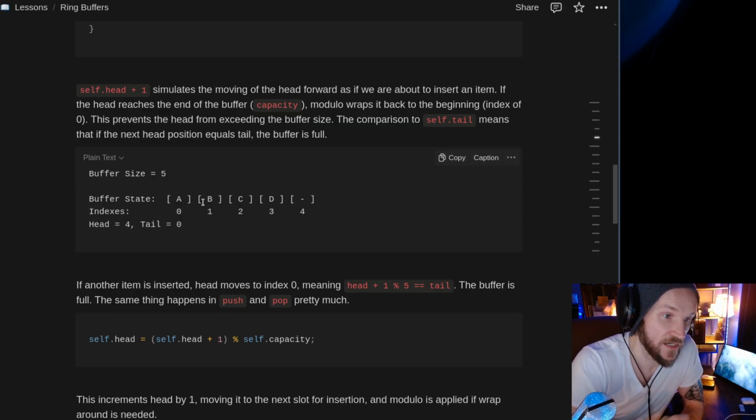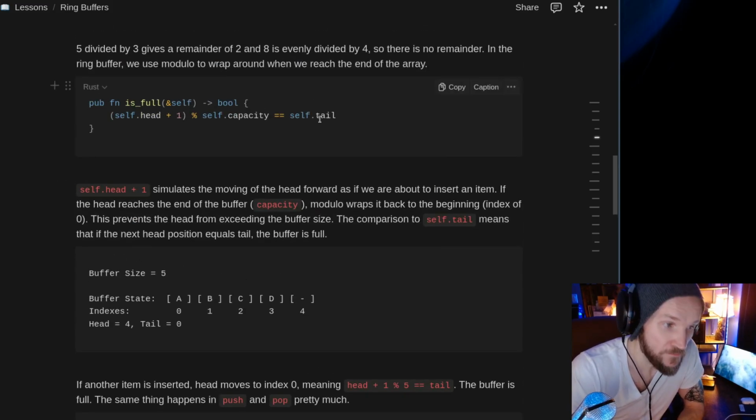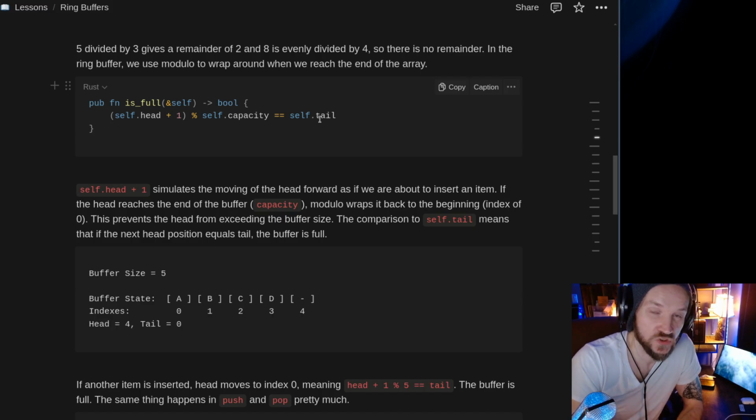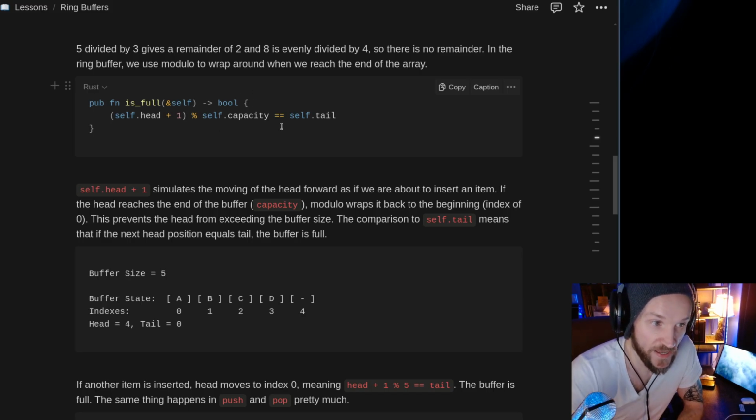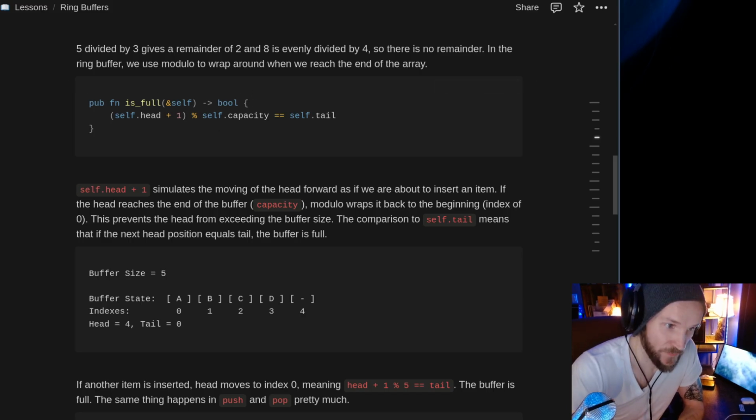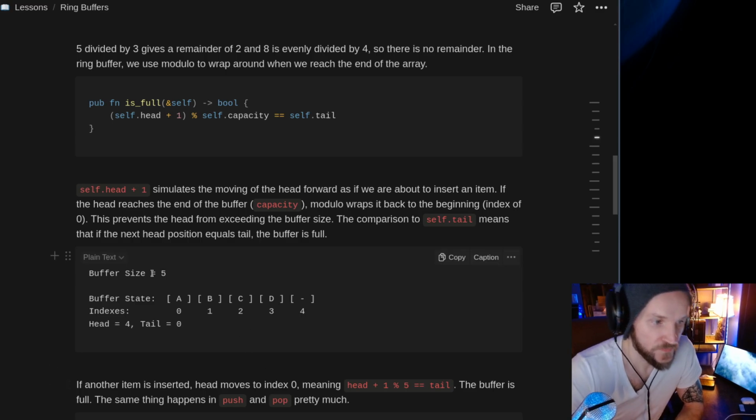And so this prevents the head from exceeding the buffer size, right? And so the comparison to self.tell, right here, means that if the next head position equals tell, the buffer is full. So if this comes back true, it's full. Okay, so look at here. We have A, B, C, and we have a buffer size of 5, so a capacity of 5.